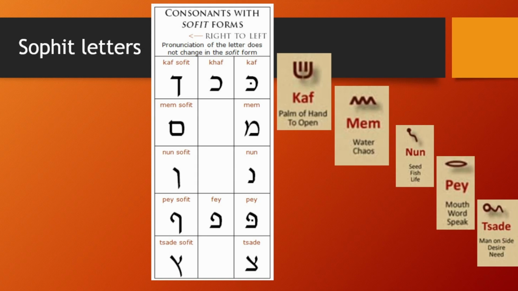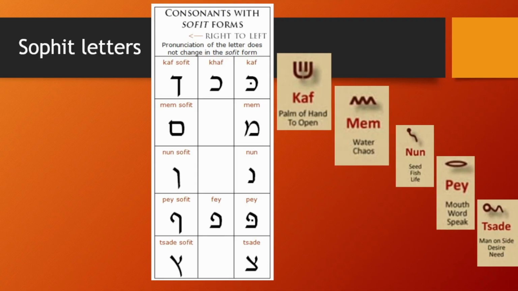If you look at Mem, it looks like the waves of water. Nun would represent seed, a fish, or life. And I think we can also put in there, because it's seed, it looks like sperm. Can you see that? It can also look like a small fish with a big head and a long tail.